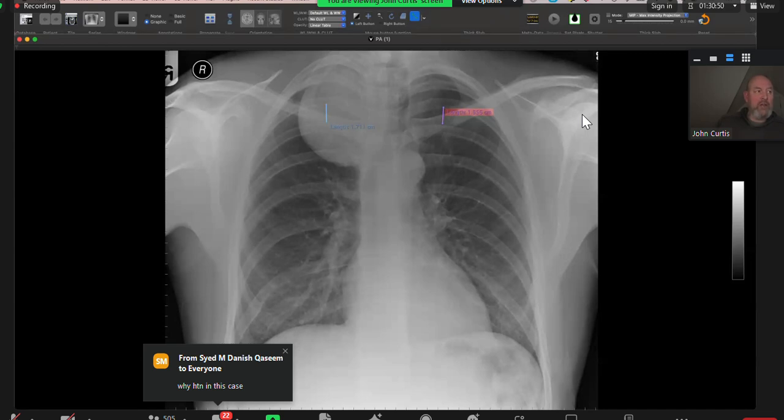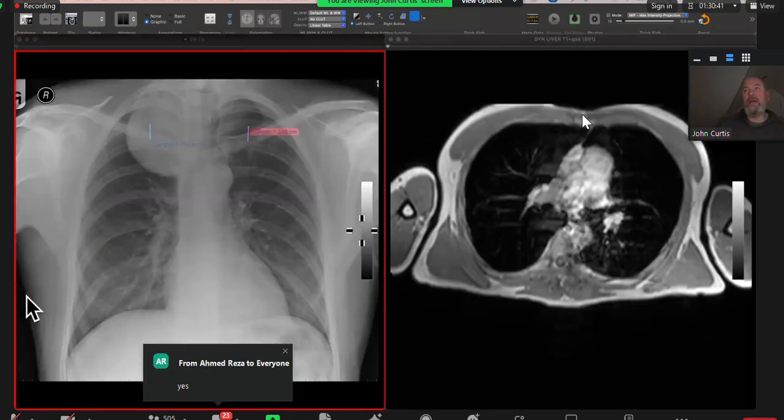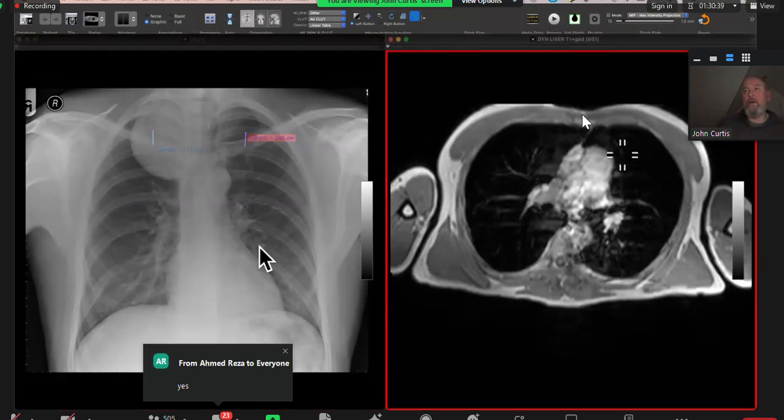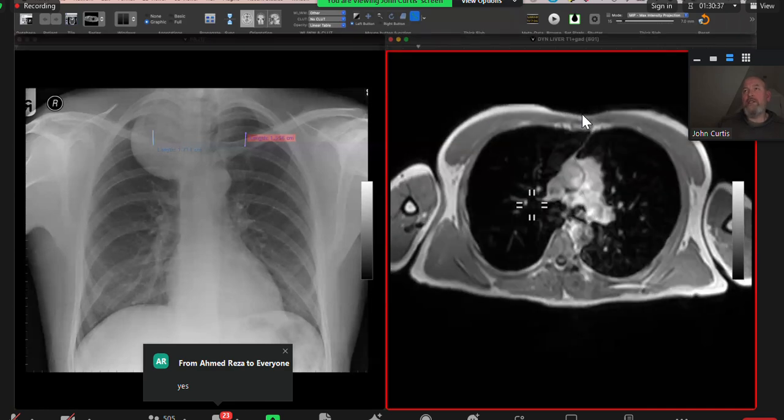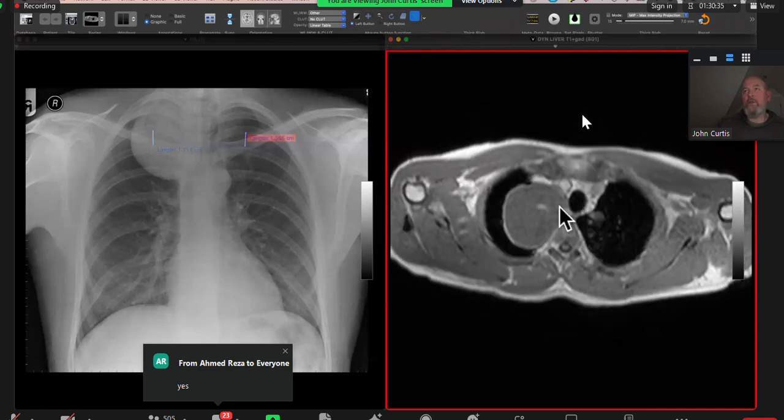I didn't show you this, but here is the T1 weighted image with gadolinium. And this is an area of enhancement.